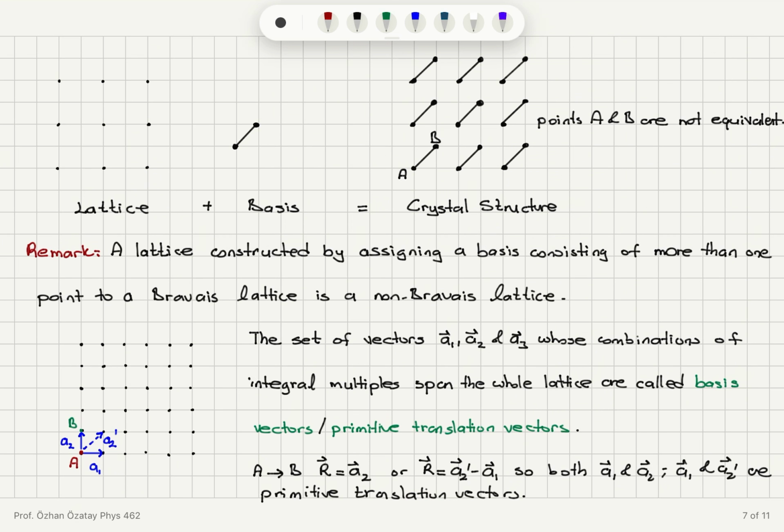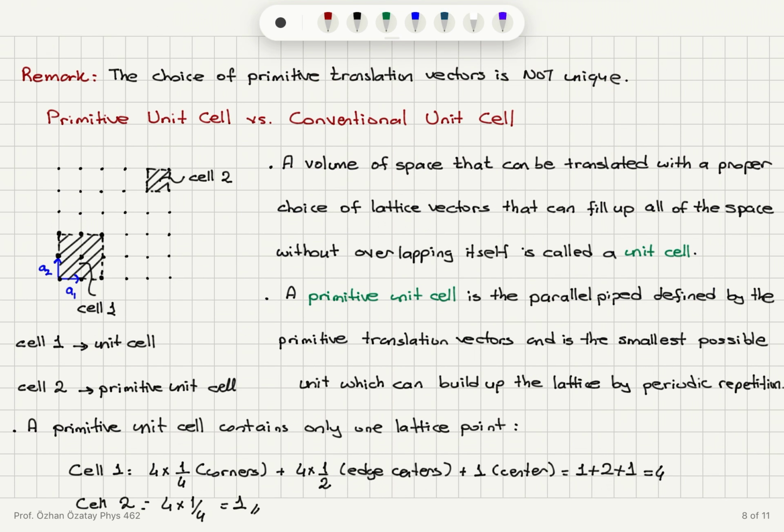If I go from point A to point B, my displacement vector will be a2, or I can think of a2 prime minus a1. So a1, a2 and a1, a2 prime are both primitive translation vectors. So this choice is not unique, as you can see. That's basically my remark: the choice of primitive translation vectors is not unique.